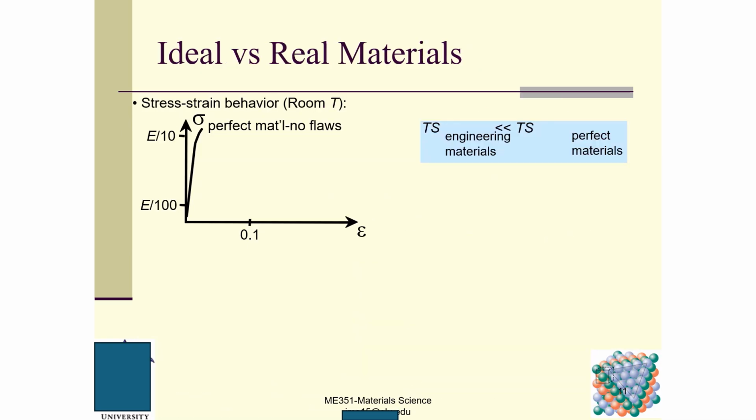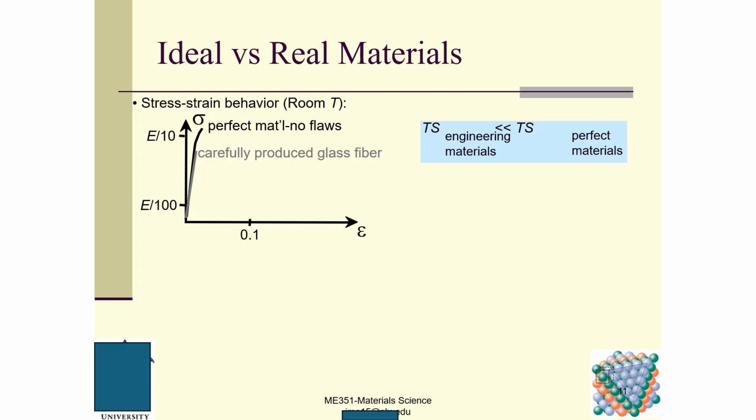And then we talk about ideal versus real material, the stress-strain behavior. Here the abscissa is the strain and the ordinate is the stress. This is a perfect material with no flaws, carefully produced, for example, carefully produced glass fiber.